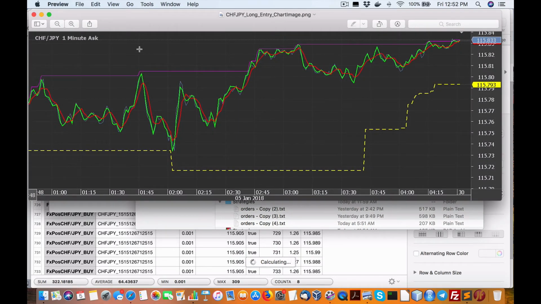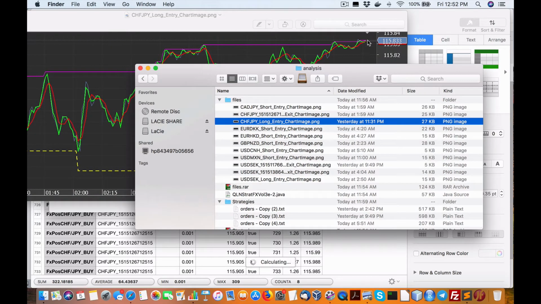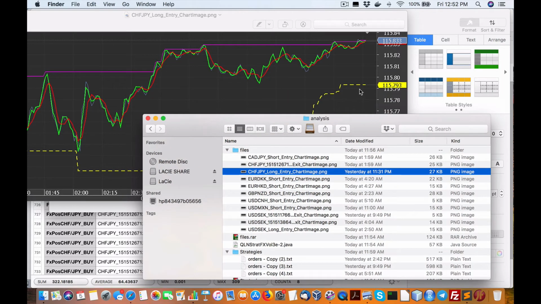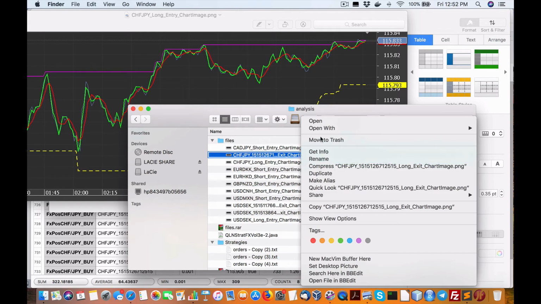So here it is, Swiss franc and the Japanese yen, and we have a snapshot, so it captured it right there. So it's the min, that's the max, so it's catching it on the upper breakout, which is good. And you can see also that these SMAs are crossing. So the exit will be this guy.